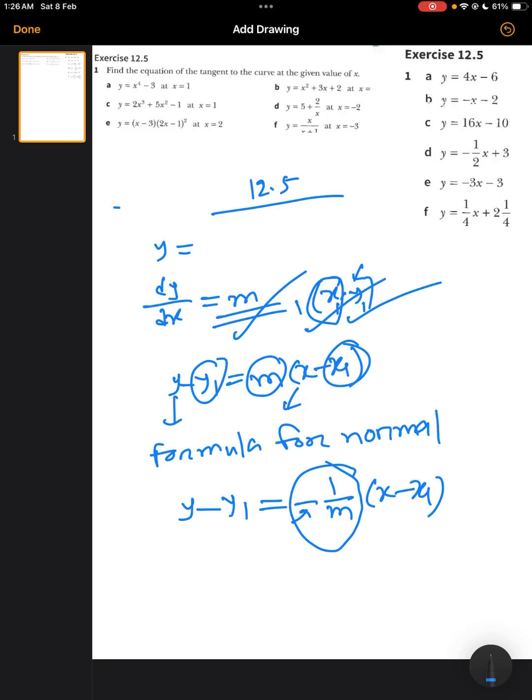Because if I am taking tangent gradient as m1 and m2 is the gradient of normal, their multiplication is minus 1. So see guys, if I want to make m2 the subject, it would be minus 1 by m1. So here the gradient would be minus 1 by m1.